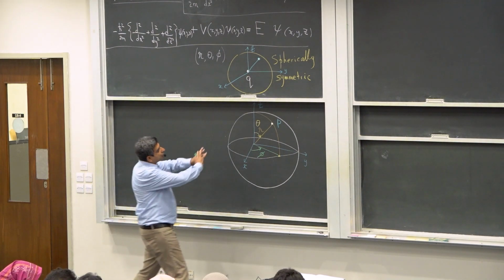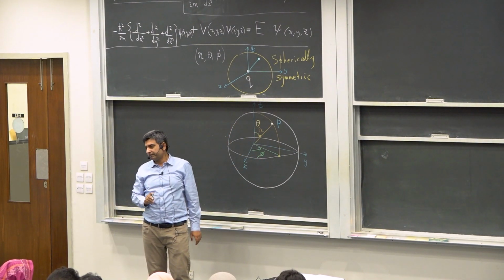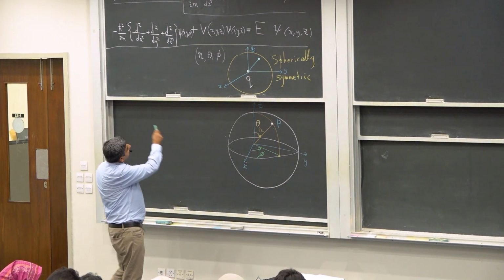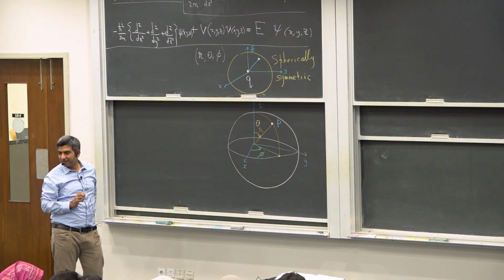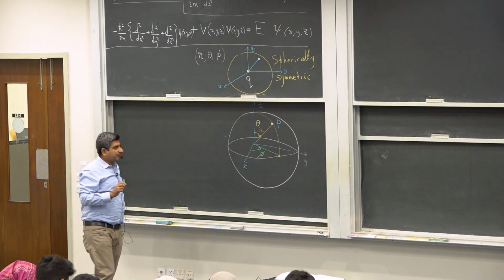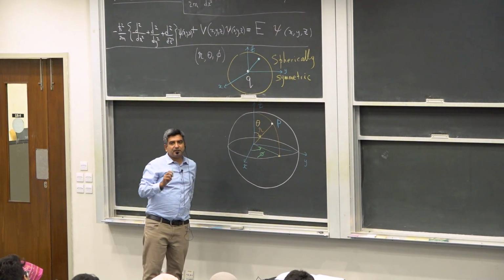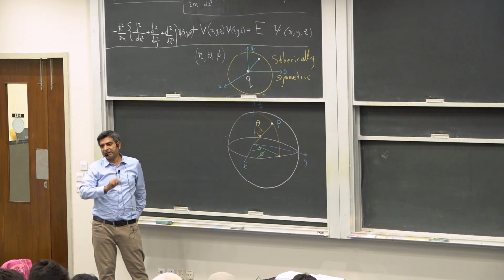So now I have an electron around the nucleus at some r, theta and phi. And I would like to write my three-dimensional Schrodinger equation in terms of r, theta and phi instead of x, y and z. Correct? There's going to be a homework problem which lets you interconvert between r, theta, phi and x, y and z.